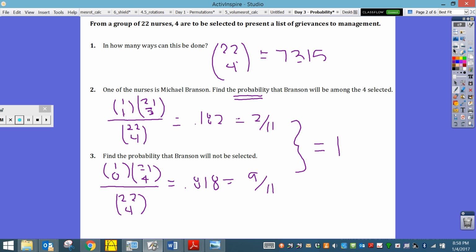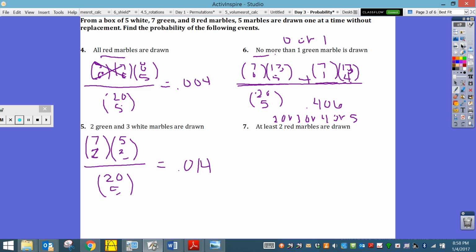So if we go here and we say if at least 2 are drawn, that's going to be the same thing as if no more than 1 is drawn. Okay? So I can do 1 minus less than 2. Okay? Less than 2. So 2 is not included in that. So I'm going to do 1 minus, okay, at least 2 red marbles.